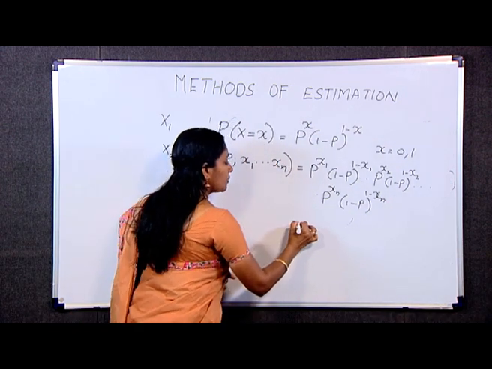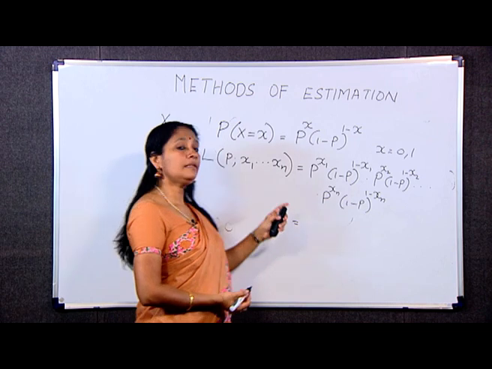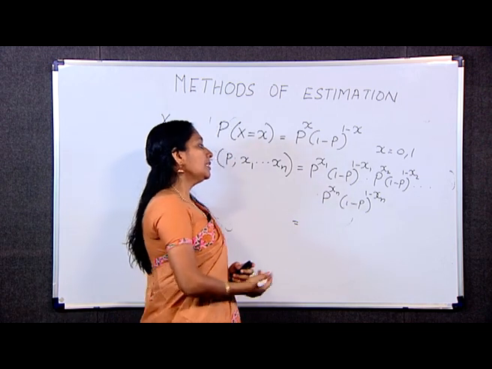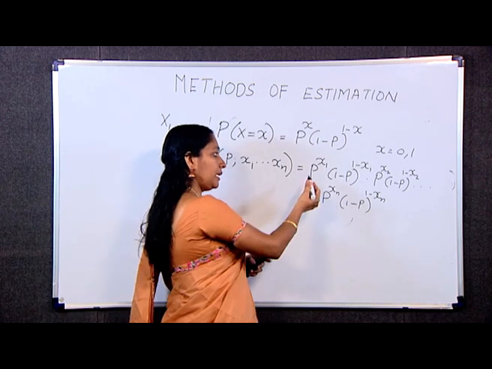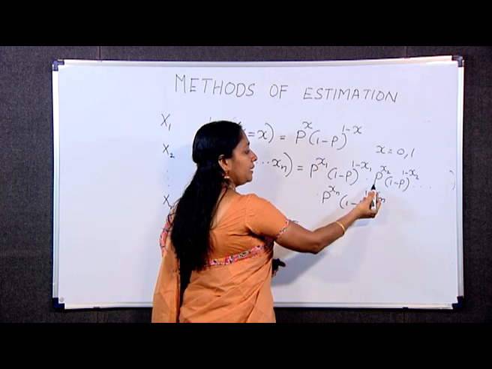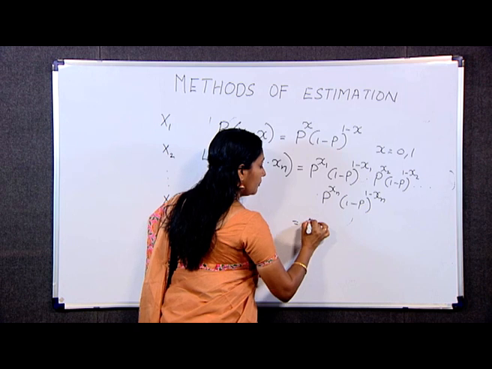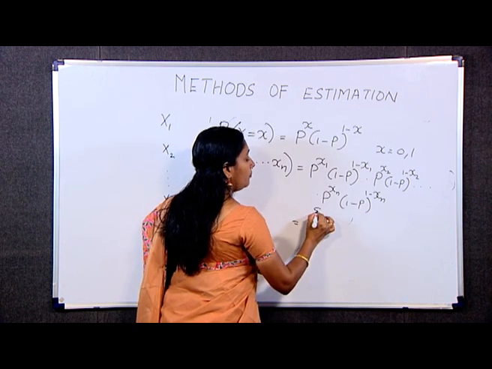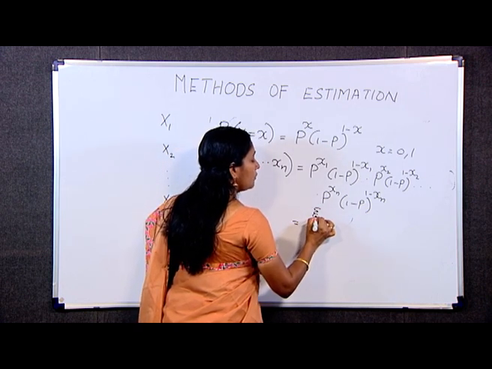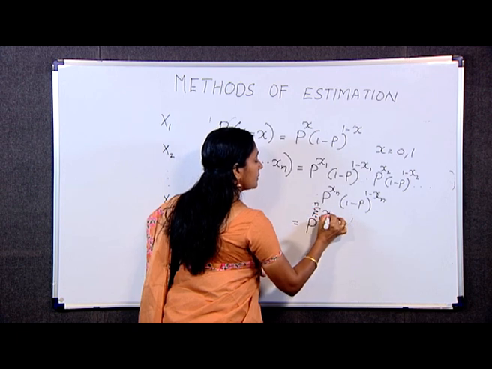This is equal to, combining the terms with the same bases, p raised to x1, p raised to x2, ..., p raised to xn, we get p raised to summation i equal to 1 to n of xi.